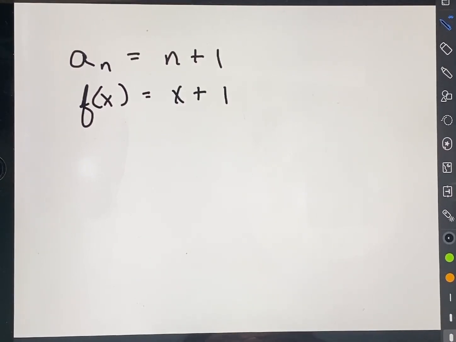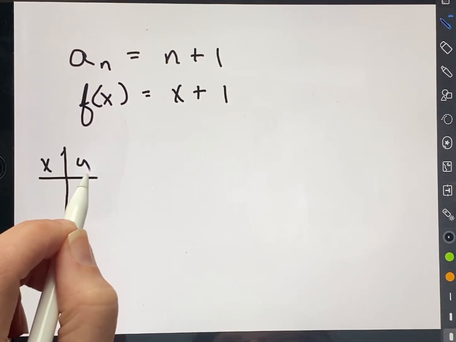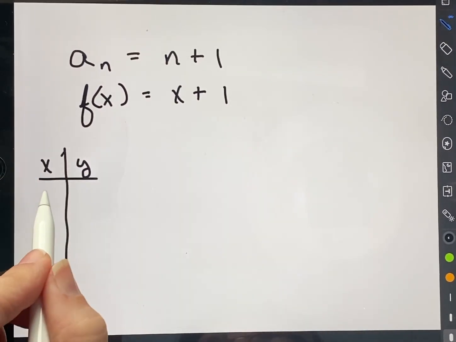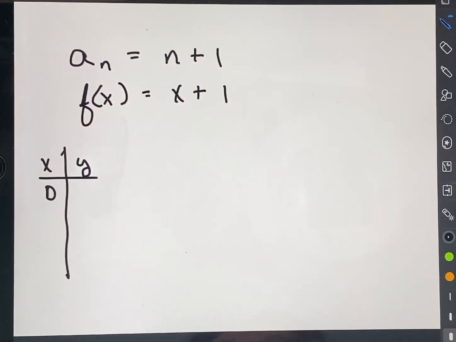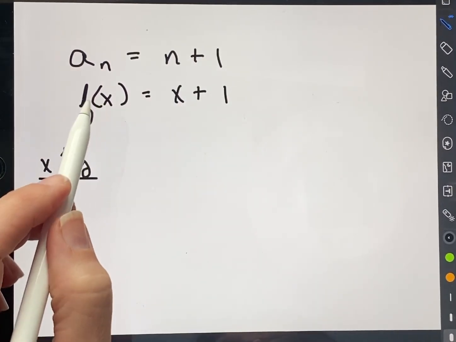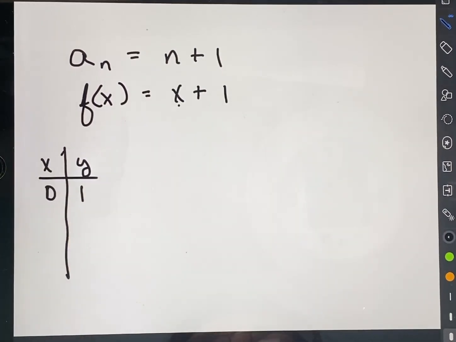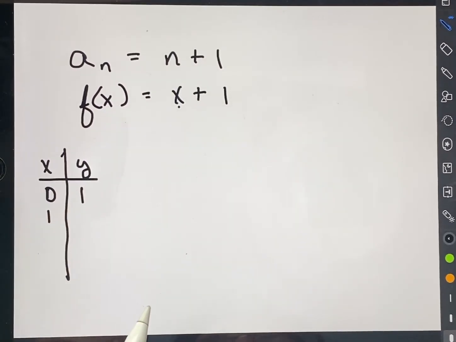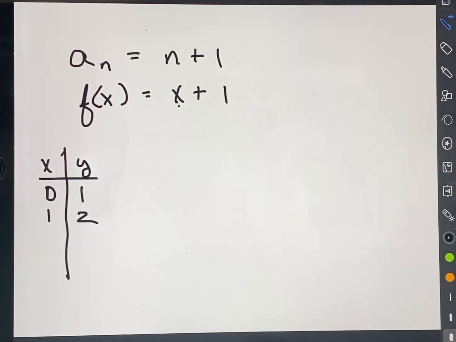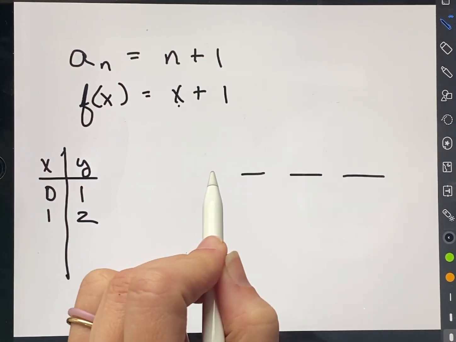In this case, if we had a table of values with x and y values, I would plug in an x term, say the term 0, value 0 for x, and it would say that my y value when x equals 0 is 1. And I could go down the line and say if I plugged in 1, then my value would be 2.